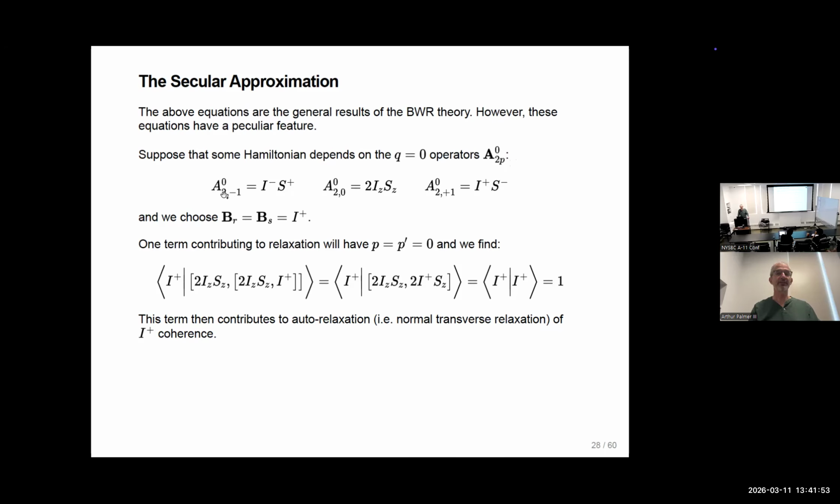So for example, I say A2 minus 1 is an operator I minus S plus, A2 0 maybe is 2IZSZ, and A2 plus 1 is I plus S minus. So these all have the same coherence order, but the eigenfrequency here is omega I minus omega S, 0, omega S minus omega I. So these have different Z rotation properties.